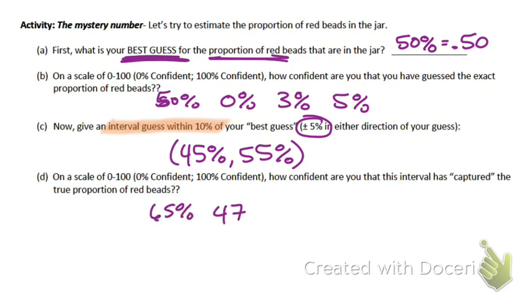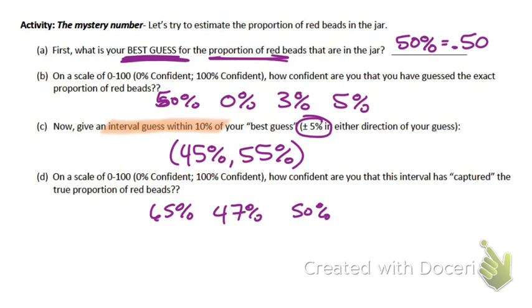Maybe you're at 47% confident. Maybe you're at 50% now. I don't know, you doubt yourself. But do you all agree that you're more confident now because you have a bigger option here?